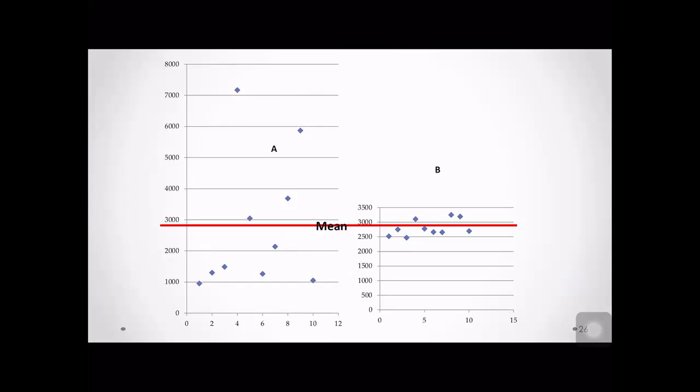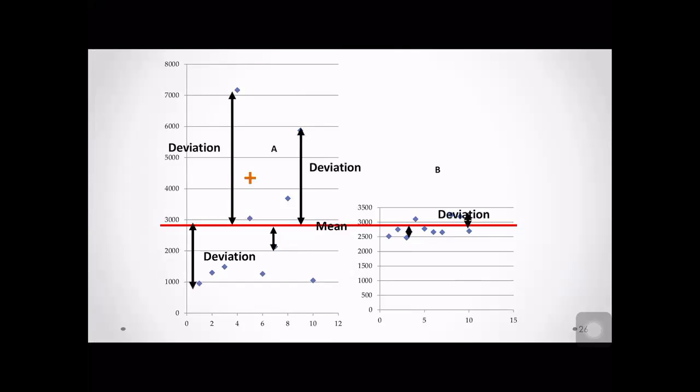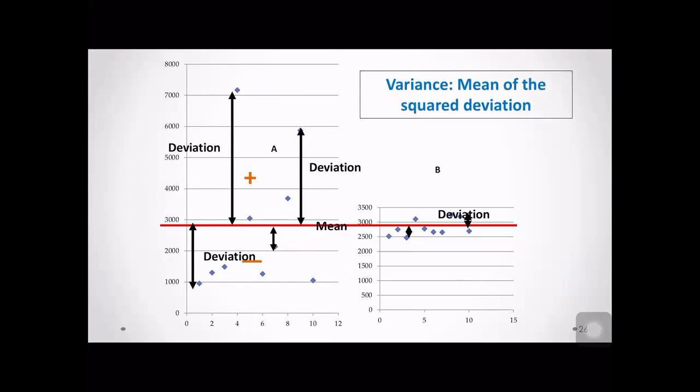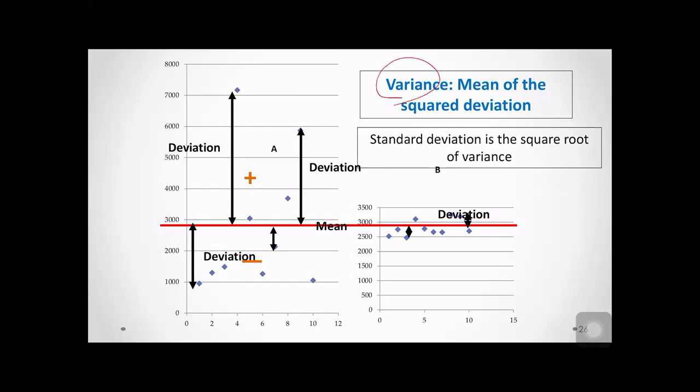But we cannot say that A and B have the same volatility or the same variance, because obviously for YouTuber A, the deviation is significantly larger than B's deviation. And because the positive deviation and negative deviation would cancel off, we calculate the squared deviation first and then take the average. That gives us the variance. And standard deviation is the square root of the variance.